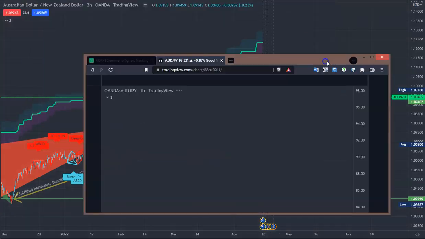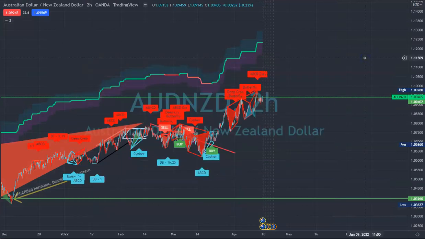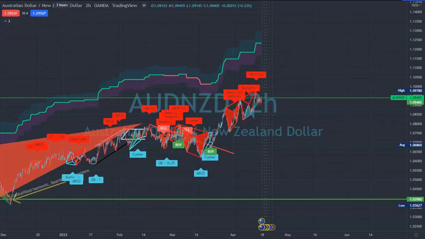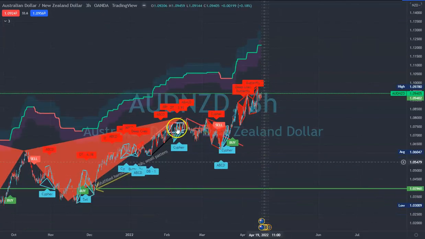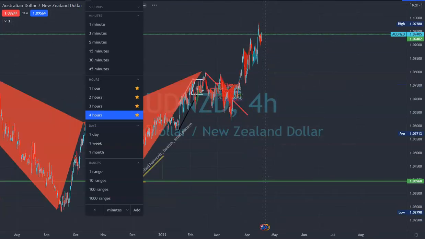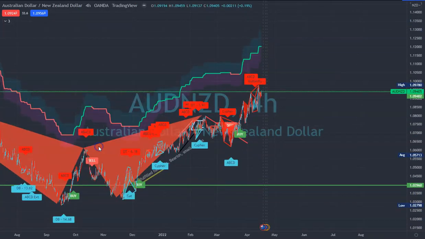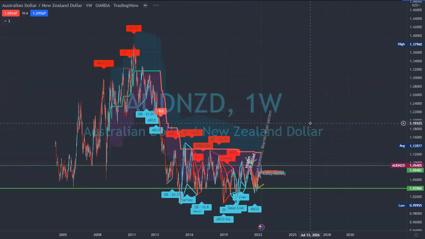Hold on, I'm going to adjust this. Let's switch back to the other. It's just a single screen. All right, so we've got the 3 hour, same thing as the JPY. Same thing. Jump to the week.